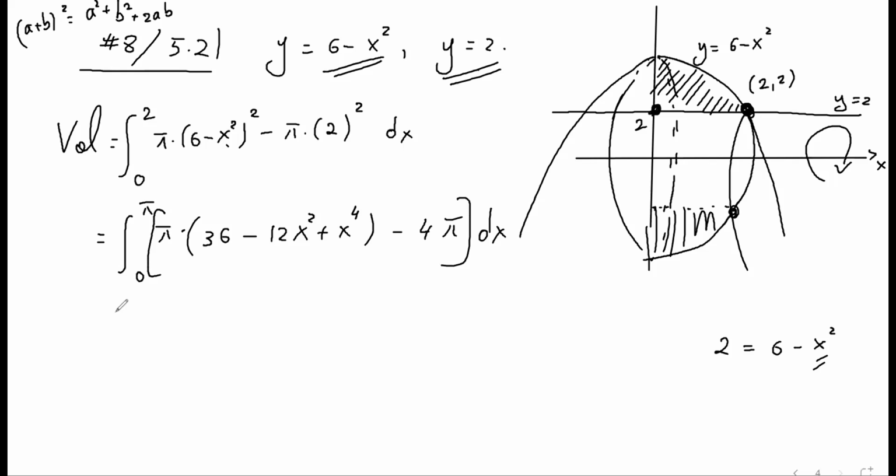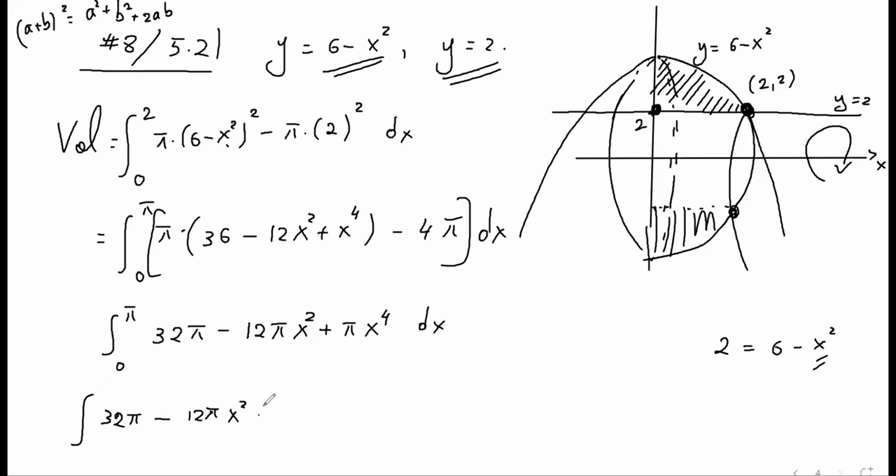All right, now this is the integral from 0 to pi. 36 pi minus 4 pi is 32 pi. Then minus 12 pi x squared plus pi x to the 4 dx. So folks, the antiderivative that we're looking at here is this one, 32 pi minus 12 pi x squared plus pi x to the 4.